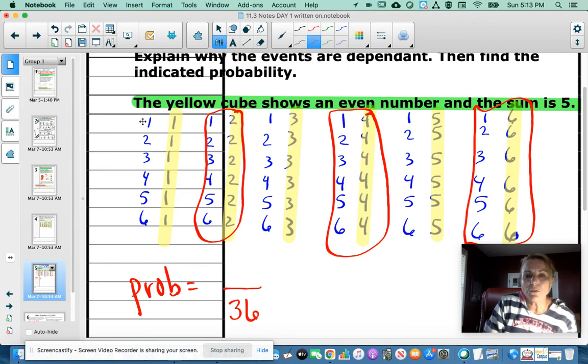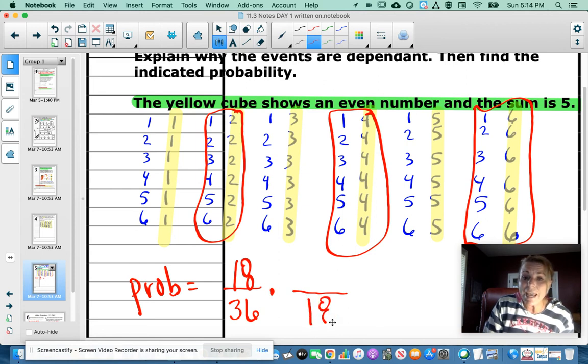So if I count 1, 2, 3, 4, 5, 6, 1, 2, 3, 4, 5, 6, all the way, there are 36 different pairs. How many of those pairs show an even number? 6 plus 6 plus 6, that is 18. This is dependent. So now we talk about a conditional probability.